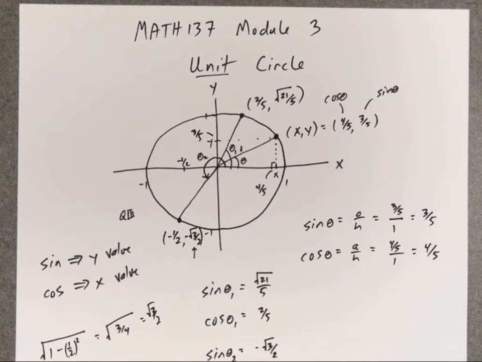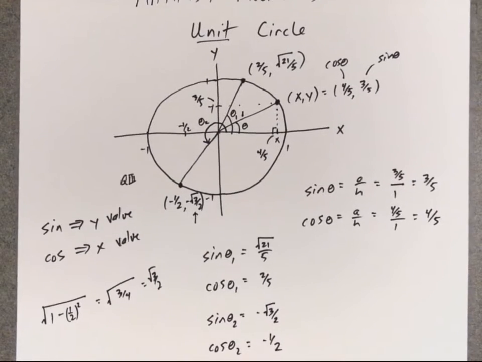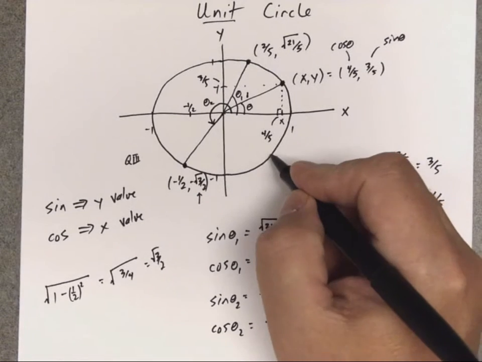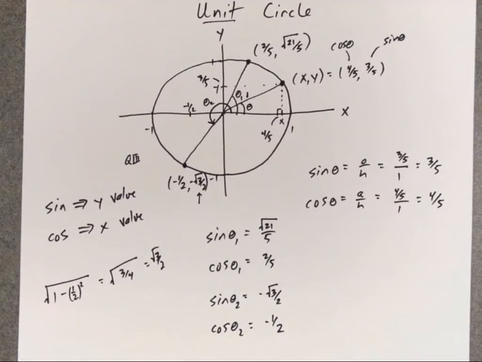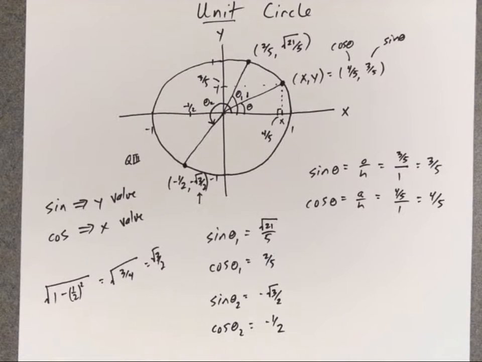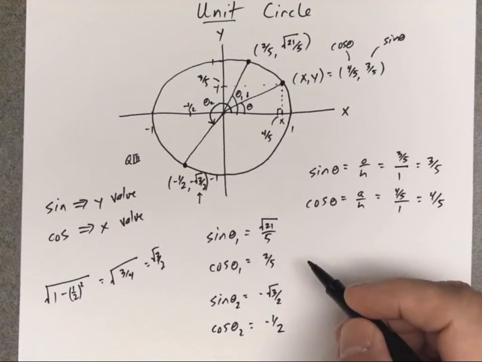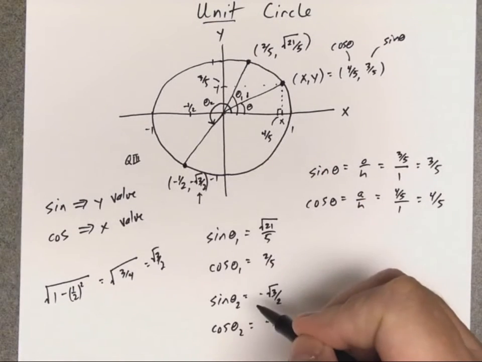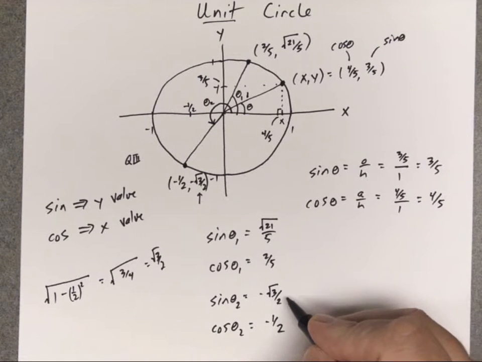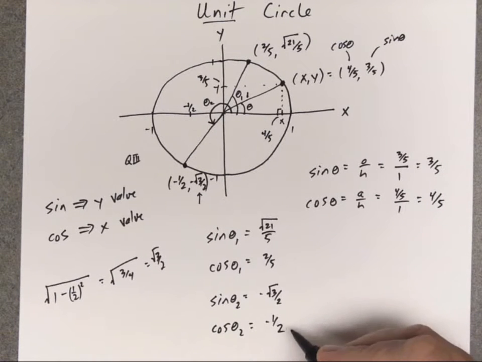So in the homework and on the quiz, they're going to give you a point on the unit circle and say, find all the trig functions. Well, the first thing you're going to do is, because the x is the cosine and the sine is y, you can first get the sine and cosine.